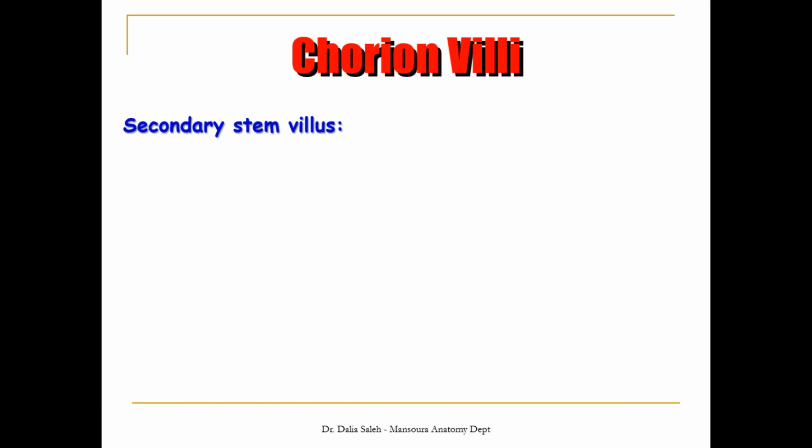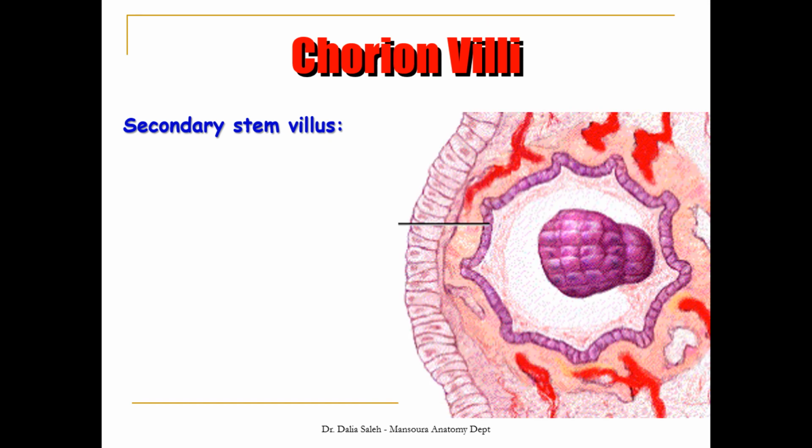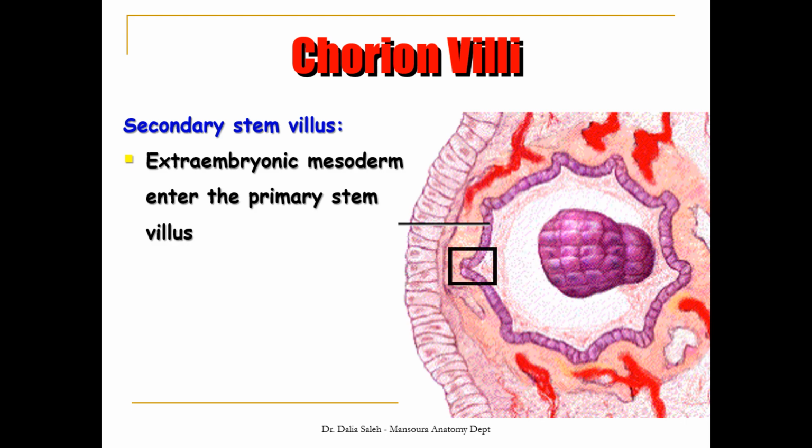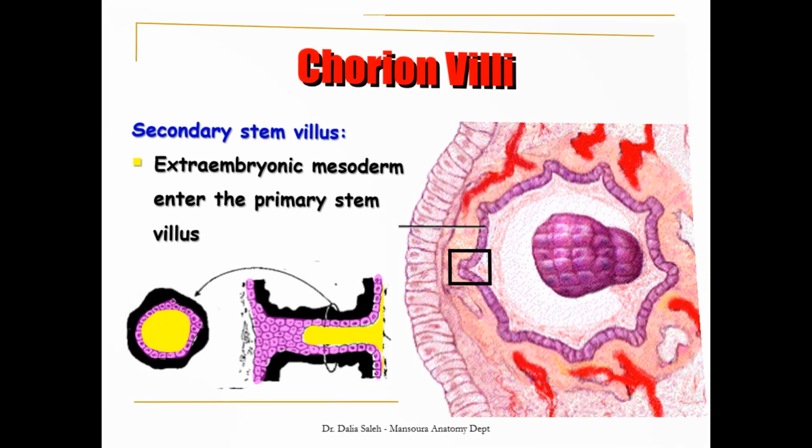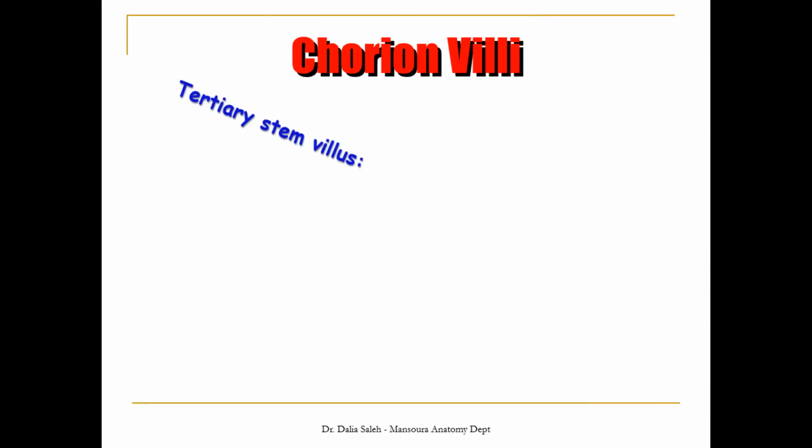The secondary stem villus develops when the extra-embryonic mesoderm appears. So it is formed of a core of extra-embryonic mesoderm surrounded by cytotrophoblast, and we have the syncytial trophoblast on the outside. Then we have the tertiary stem villus.